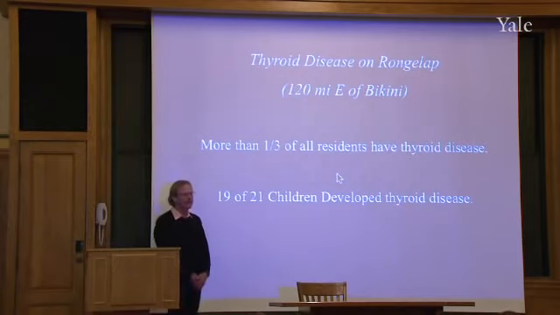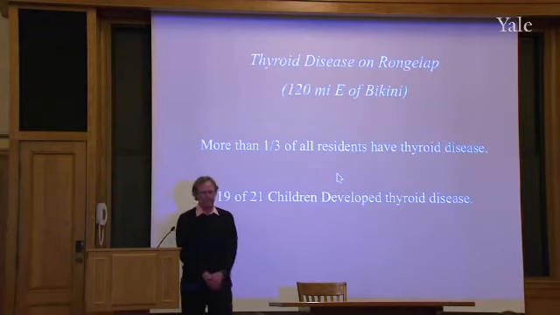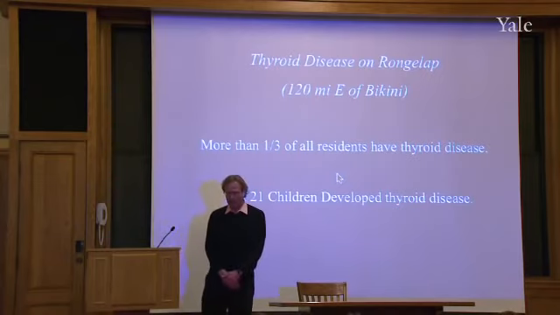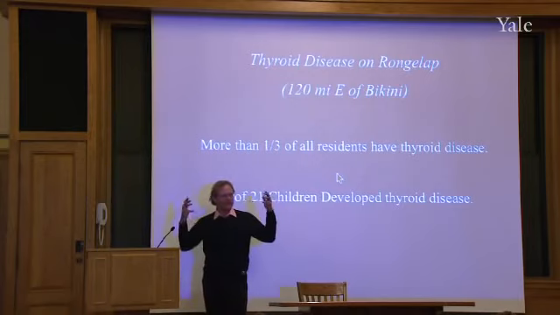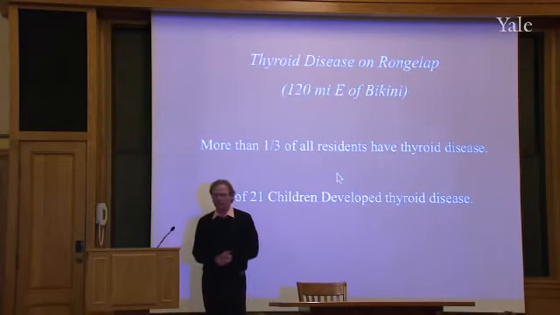Rongelap was an island that, following the Bravo test, that thermonuclear explosion, the hydrogen bomb, they hadn't expected that the ash would reach. But the ash fell out of the sky like it was snow. And the children were described as running along the beach, picking up the snow and throwing it over their heads, eating it and rubbing it into their skin.